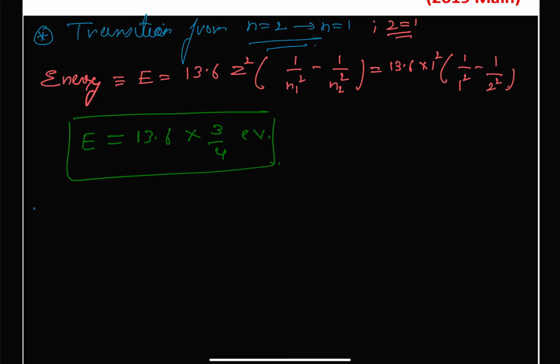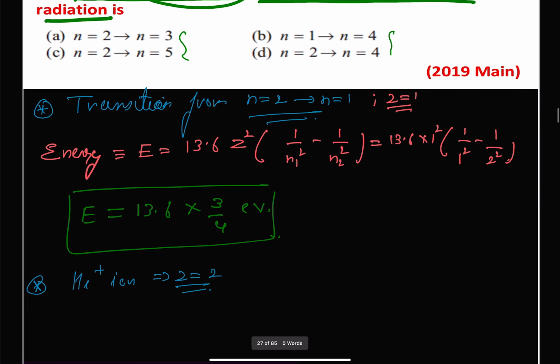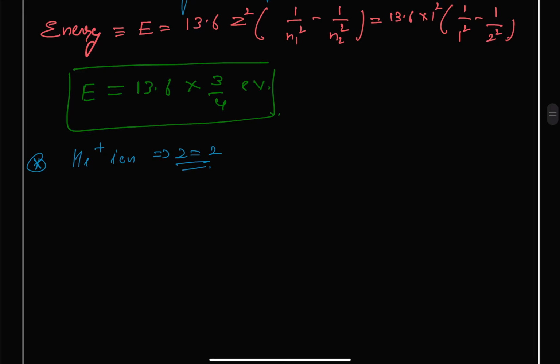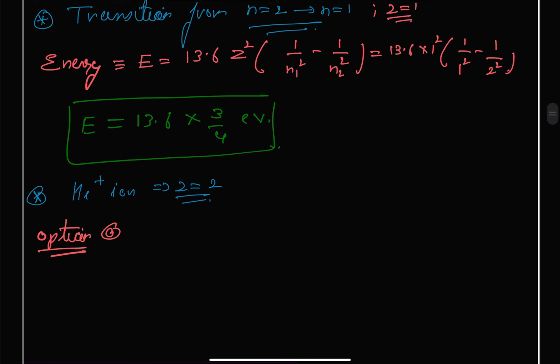For helium He+ ion, the value of Z is equal to 2. The first option, option A, is from n=2 to n=3.